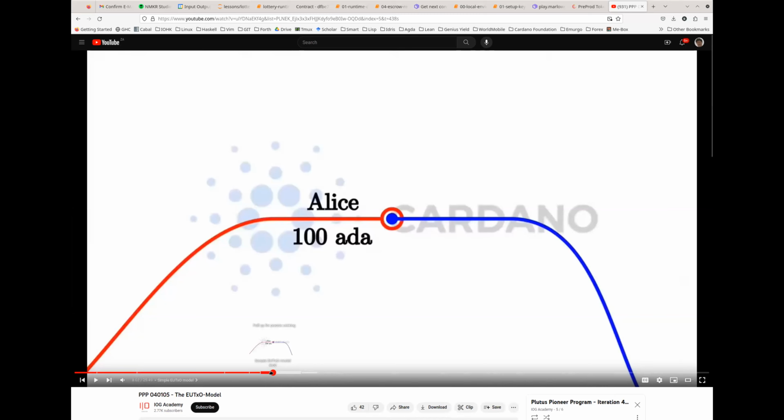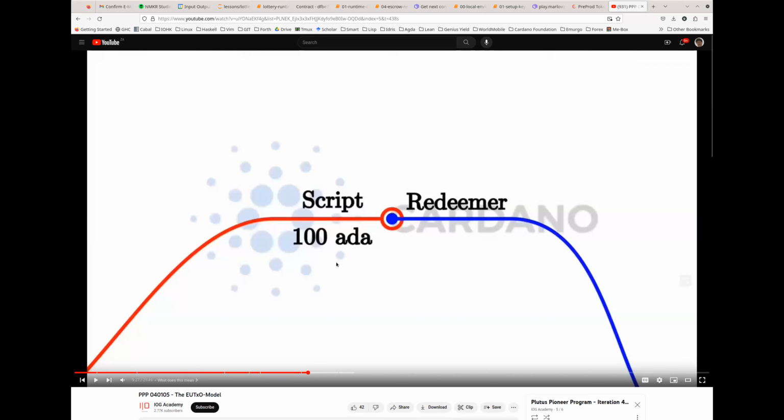And now the idea of the extended UTXO model is to replace this address with a script. For the moment, it doesn't matter, I mean, it will be Plutus, of course, the programming language the script is written in, but for the UTXO model this doesn't matter. You can just think of some program.